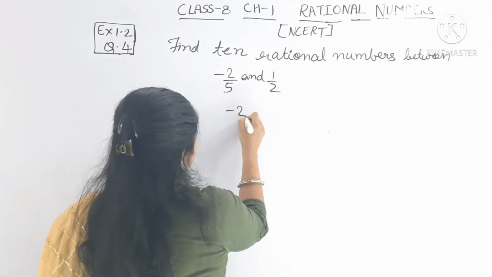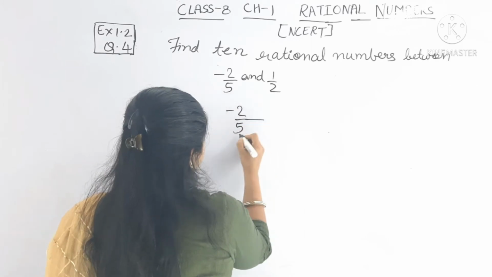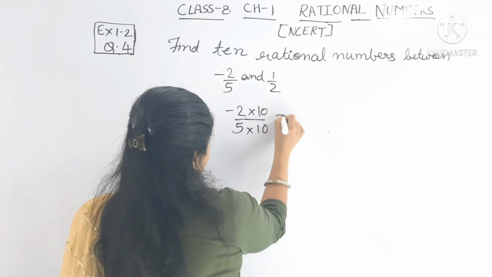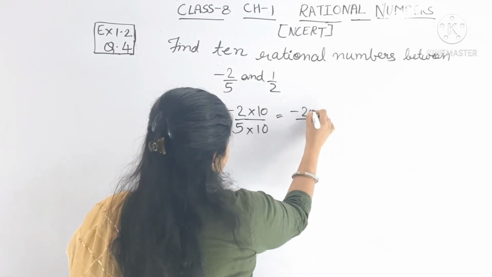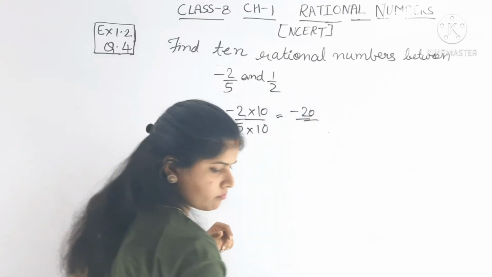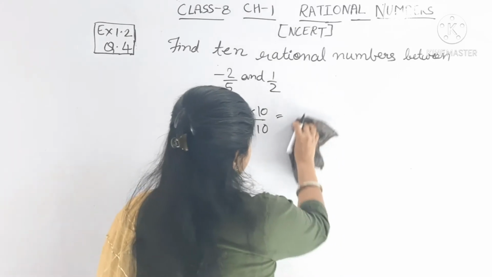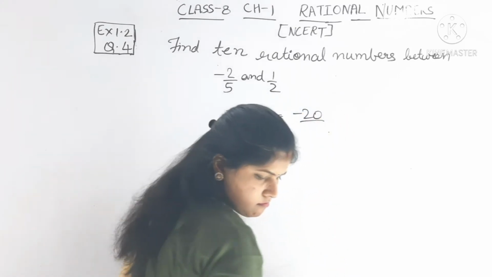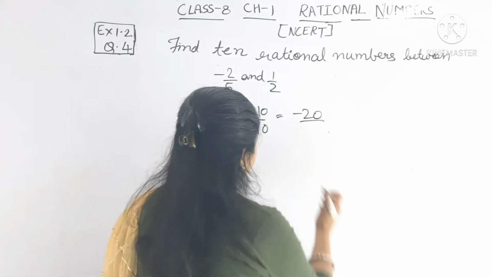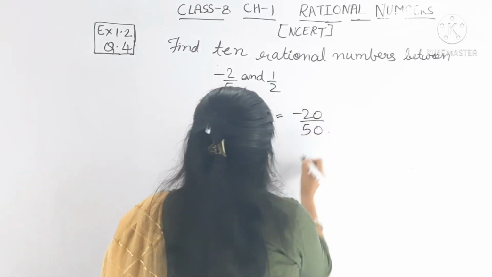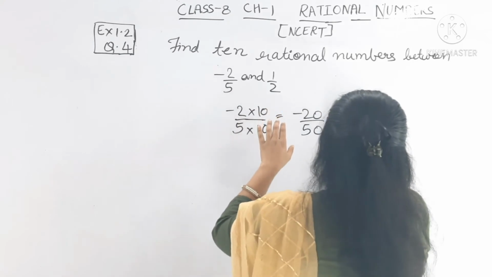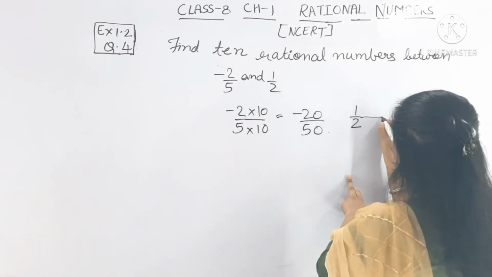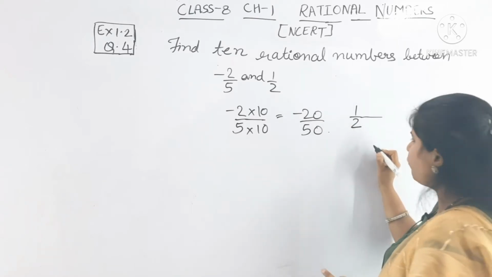Okay, so like minus 2 by 5, if we multiply with 10, this will come minus 20 by 50. Okay, and if we write 1 by 2, we know that 25 2s are 50.